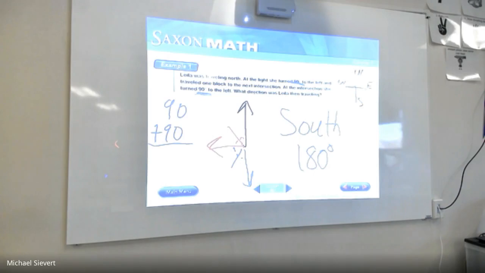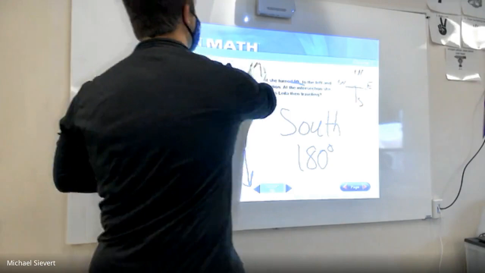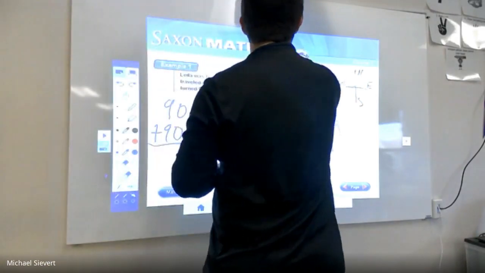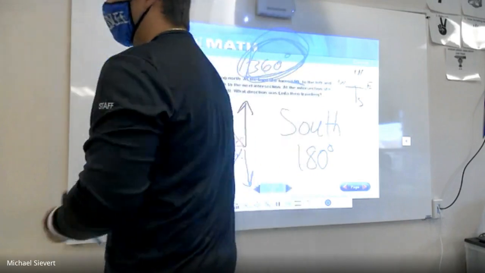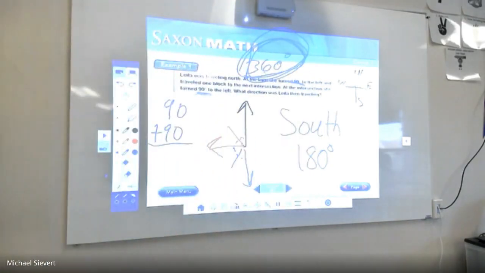Reese? 180. Not 180. Double that. Kamari? 360. So again, the magic number today is 360. 360 is the magic number because that's what we're basing everything on.